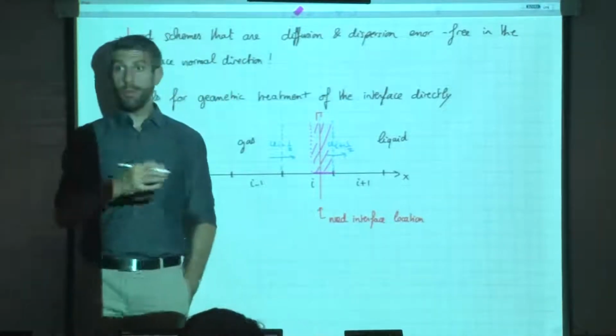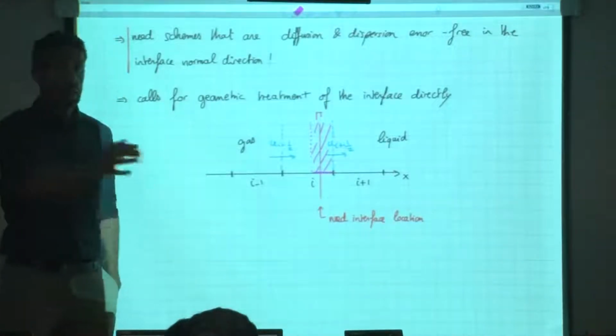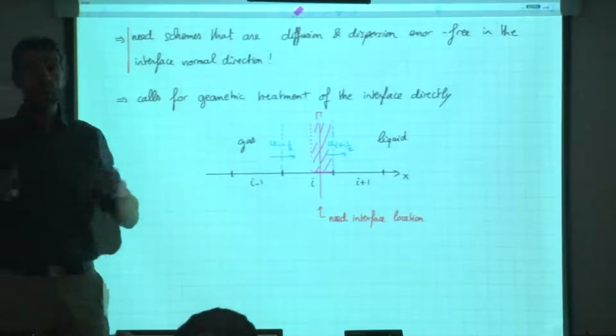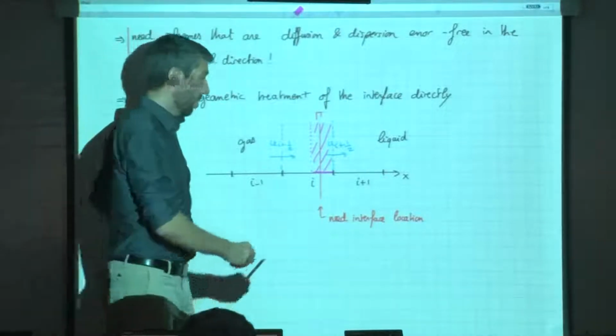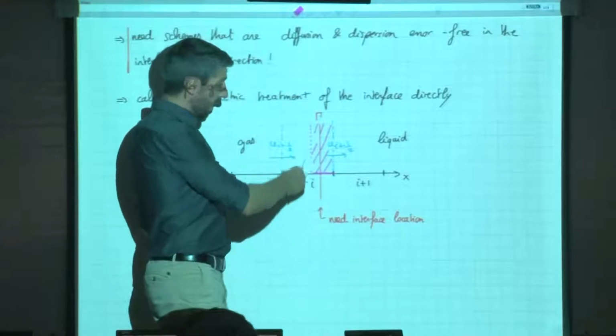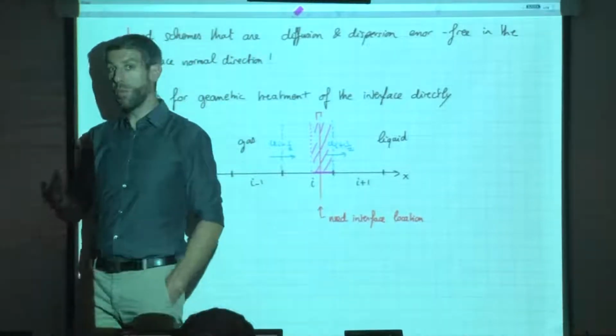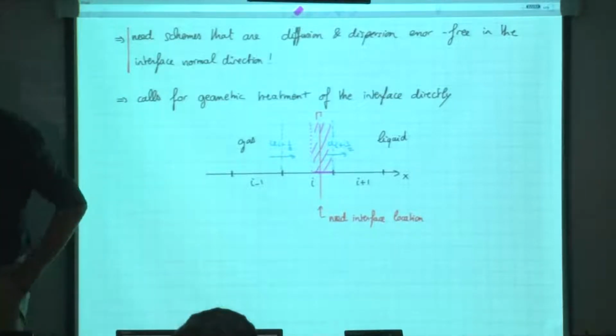Okay, this is just the equivalence of a Lagrangian perspective. I'm not moving the interface, I'm moving instead the mesh at the velocity. And so that will equivalently tell me that a certain amount of liquid here, characterized by the interface, has been moved from the left cell to the right cell.